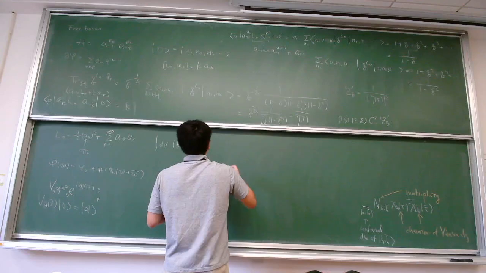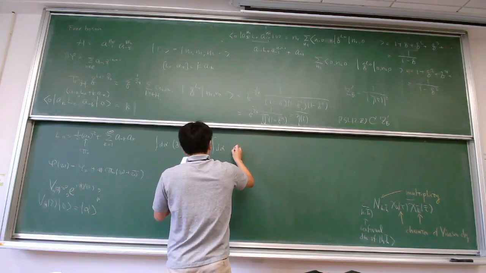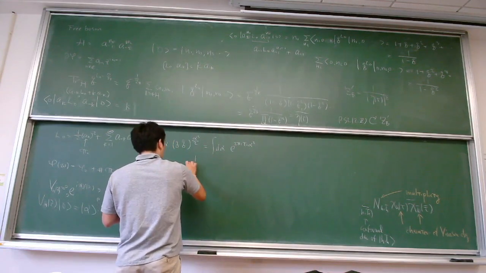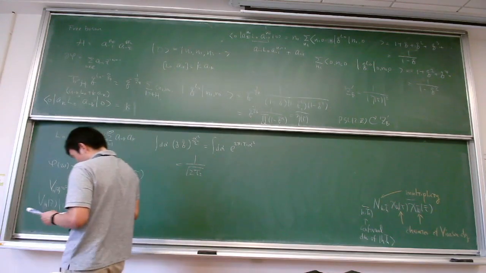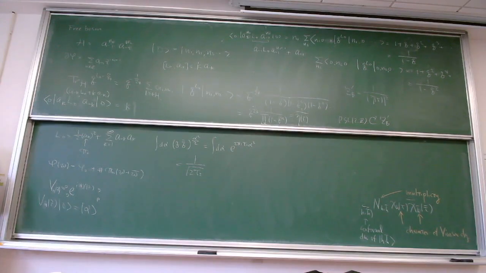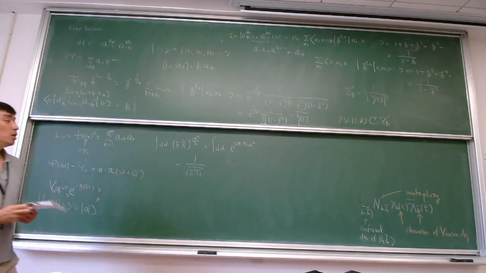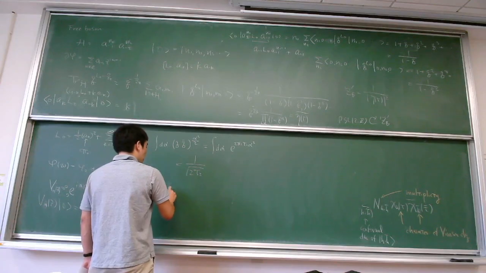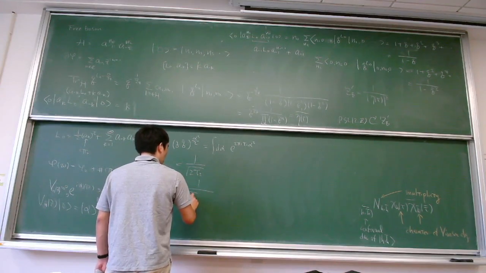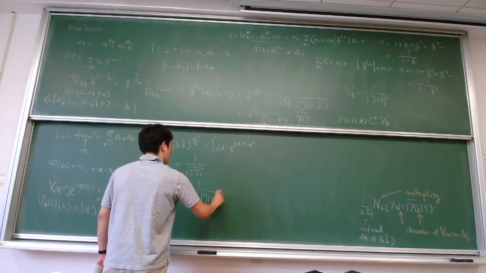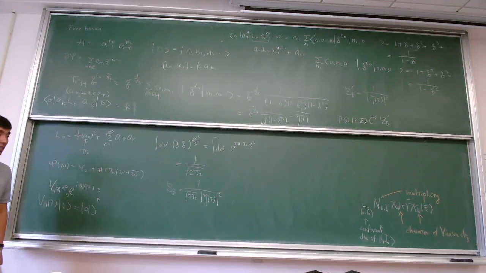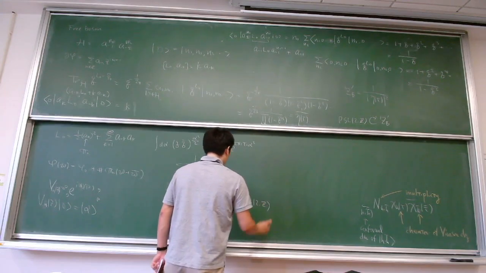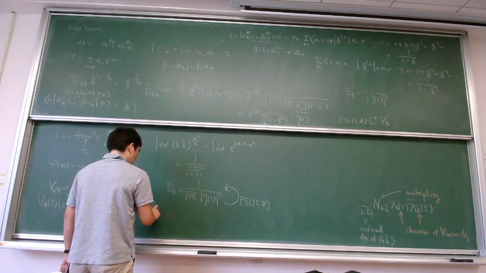So this will give you e to the 2 pi i tau alpha squared, and this will give you 1 over square root of 2 pi tau_2. So if you include this zero mode contribution, the partition function can be written in this way, and this is indeed modular invariant, invariant under modular transformation.